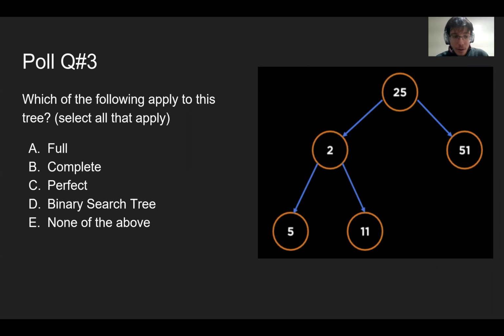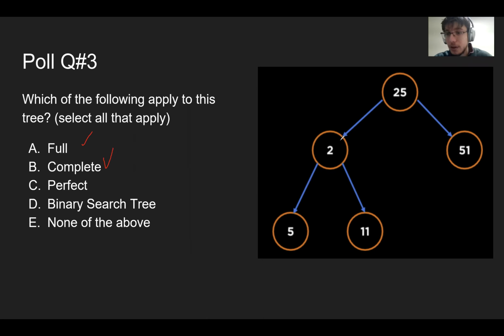Okay, this one. You can pause if you want. And now you've probably unpaused. So this one, is it full? Well, everything has 0 children or 2 children, so it's full. Is it complete? Well, everything is as far left as possible on the leaf layer, and everything is full except for the leaves, which is true.